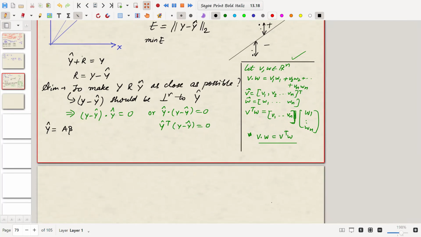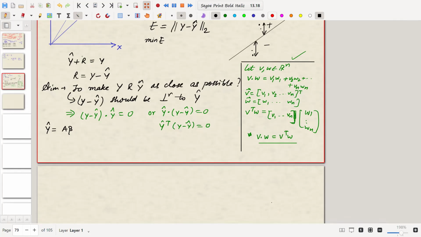Our aim is to find beta. That's what we are doing all these calculations. So now can we find the beta? Can you substitute Y cap here in this equation? Substitute and let me know what you get.